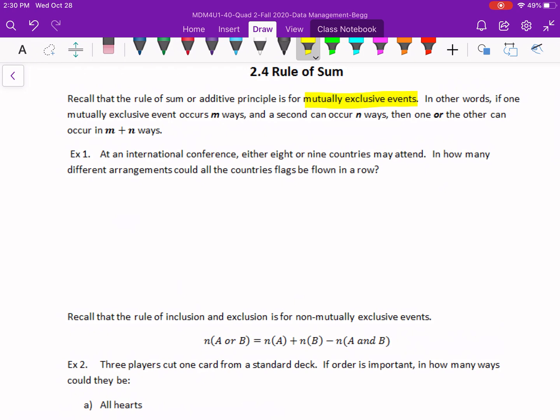As far as counting things up goes, if there's m ways of one event occurring and n ways of another occurring, since it can either be one or the other, then there's m plus n ways of one or the other happening.